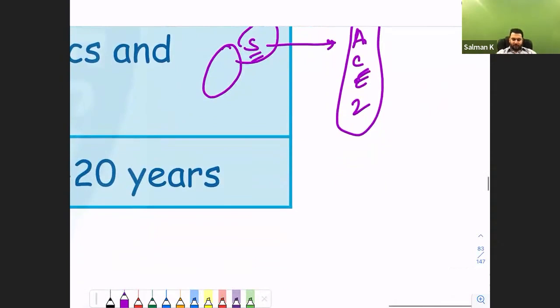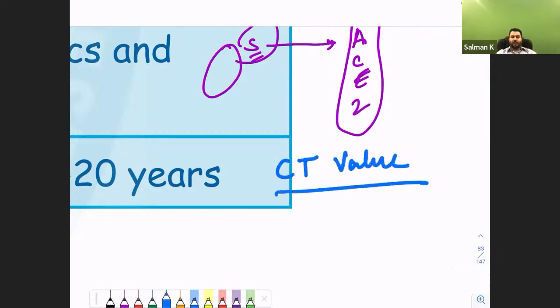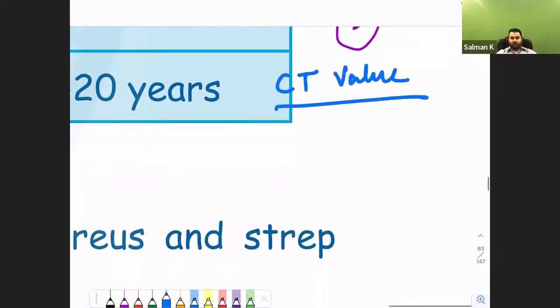Please just remember when we do the RT-PCR, there was one value I had told you called CT value. So what is this CT value? Please understand the point. This is not the CT score you see in the HRCT, not the radiological one.